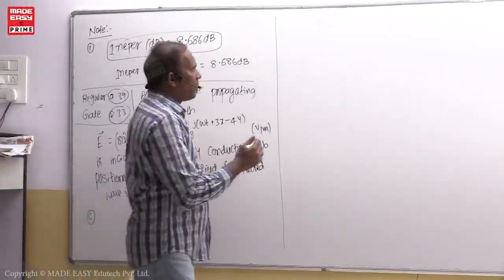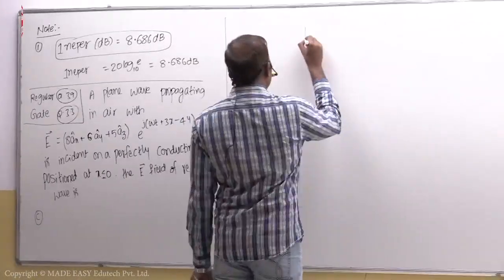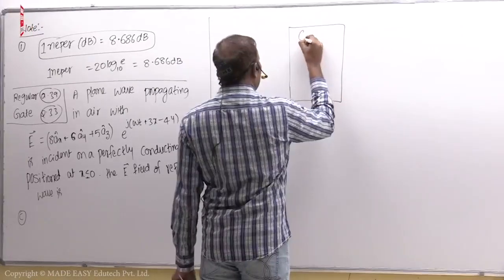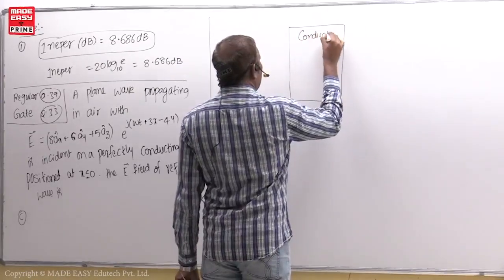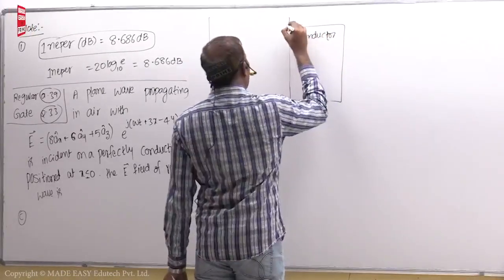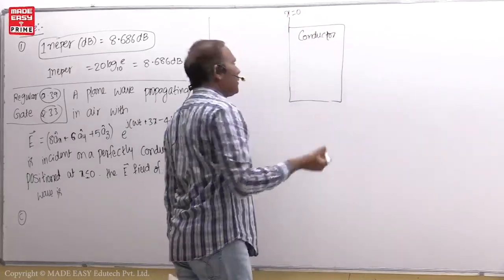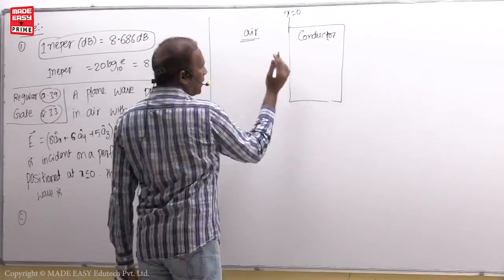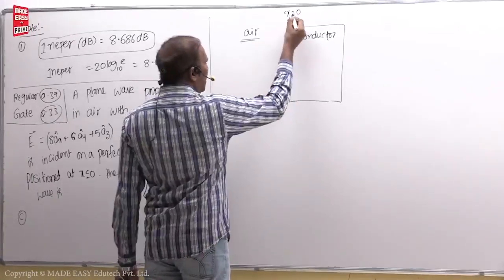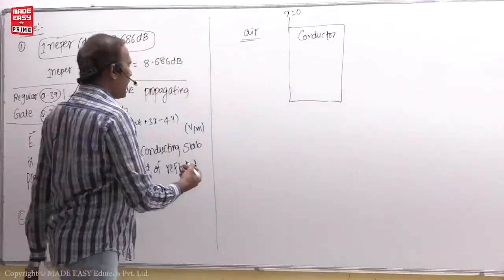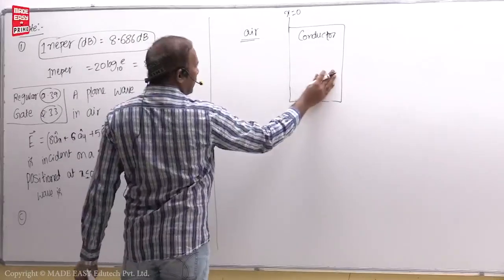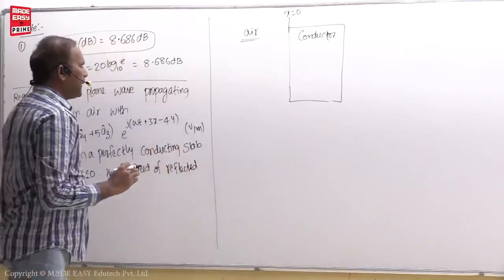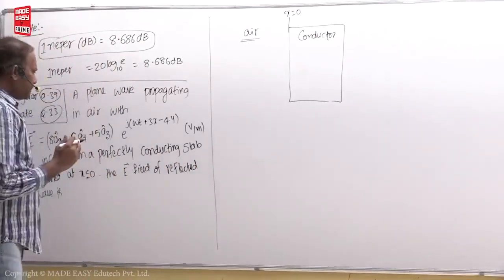Now if I draw the diagram here, you can see this one is a conductor, and here the boundary surface is x equal to 0. On this side, air medium is there. What is important here is the boundary surface name. For x less than 0, this side you take, automatically this is x greater than 0, and this is x equal to 0, that is the boundary surface.